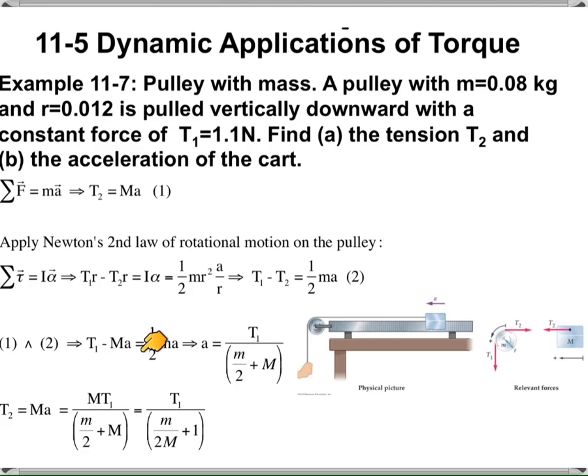Remember, the tension on the strings at different points acts in opposite directions. So there are two directions for T2.